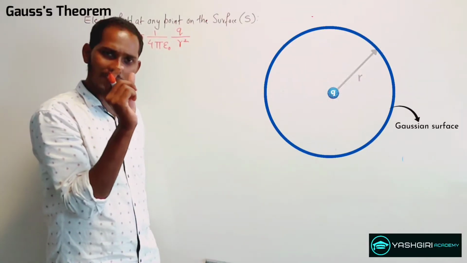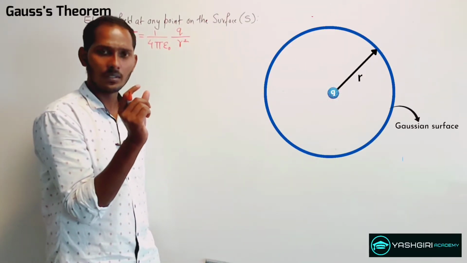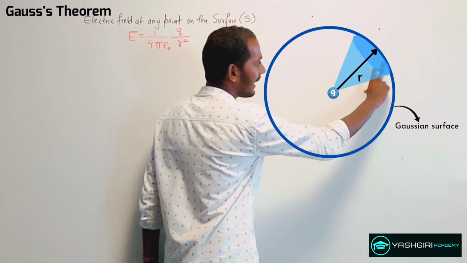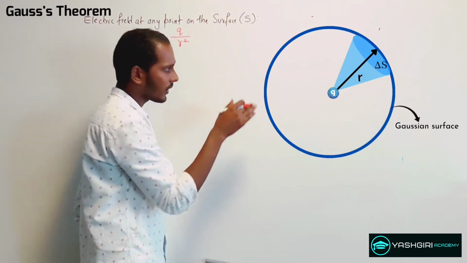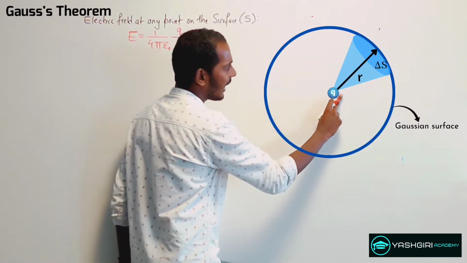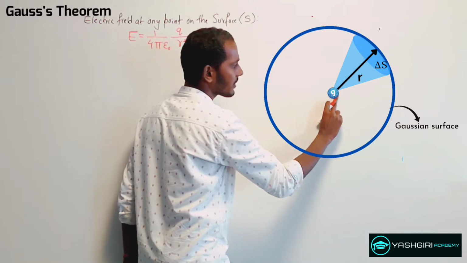Let me consider any one of those area elements to study. Let this be the small area element delta S, which I choose on the surface of this hollow sphere, and let r be the distance from the center.